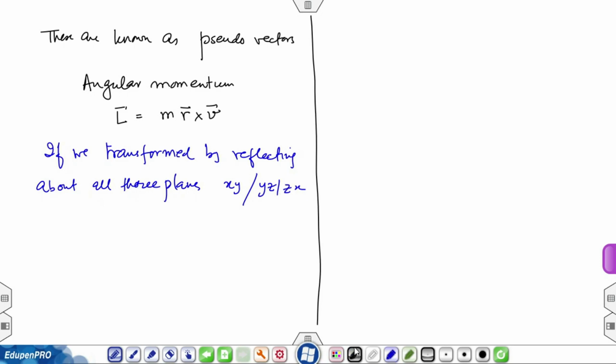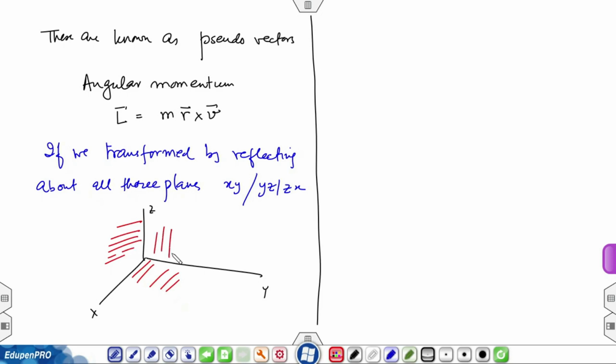So, what are we doing? I have these planes x, y and z, and I am reflecting about each plane. I am reflecting about x y plane, I am reflecting about y z plane, and I am reflecting about x z plane. This is like taking a vector r and changing all its coordinates, or in a passive way I am changing the direction of all x, y and z.